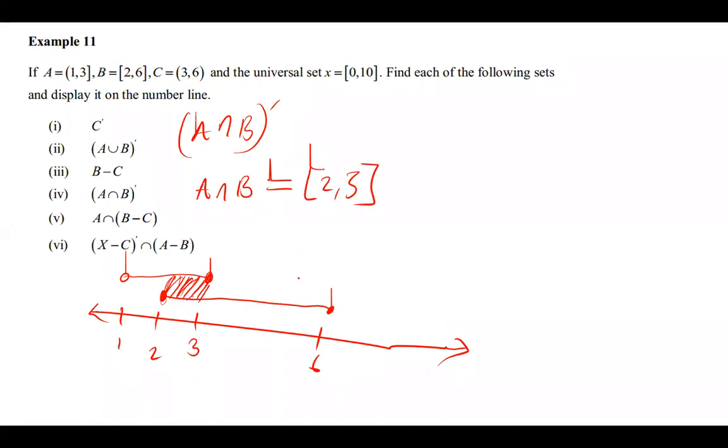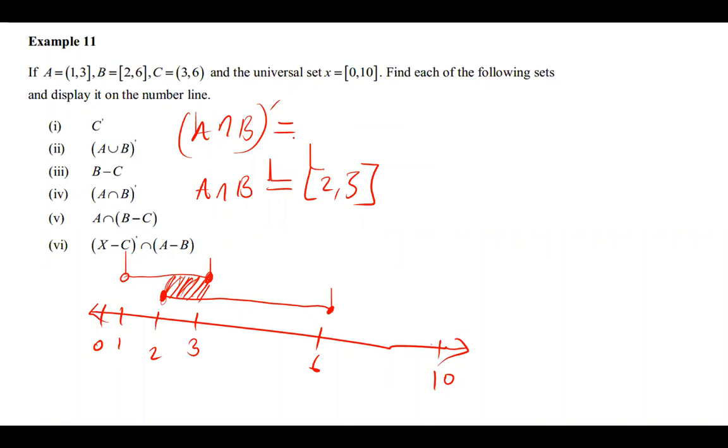That is the intersection. So now to find the complement of this intersection, we consider the universal set. The universal set is starting from 0 and ending at 10. So to find the complement of this set, let me put the equal signs properly there.